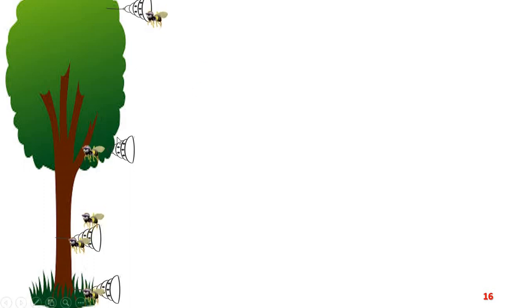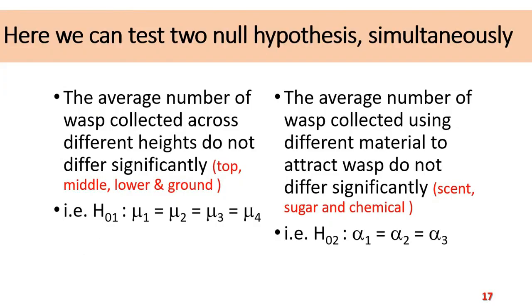Maybe in this tree he is using sand in all the traps. In some other tree he is using 4 traps at 4 different levels, but there he is using sugar, and in another tree he is using 4 traps at the same different levels, but there the researcher is using some type of chemical. So that has given rise to the data that we saw earlier in tabular form.